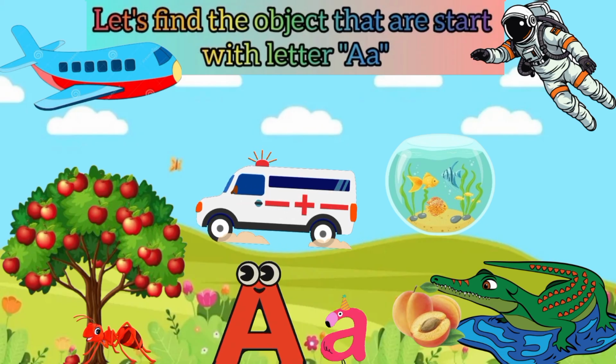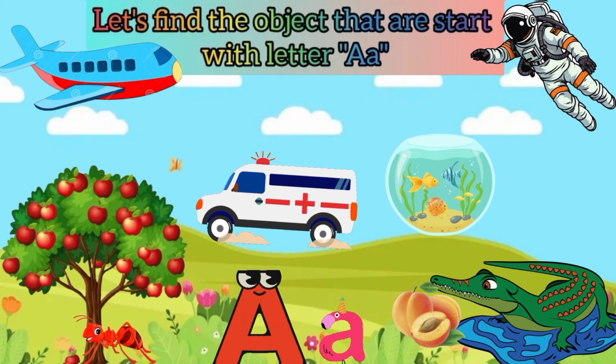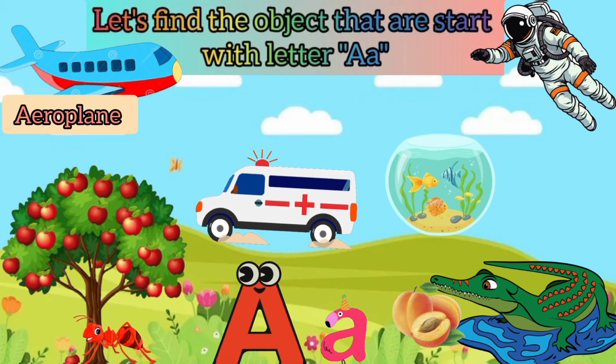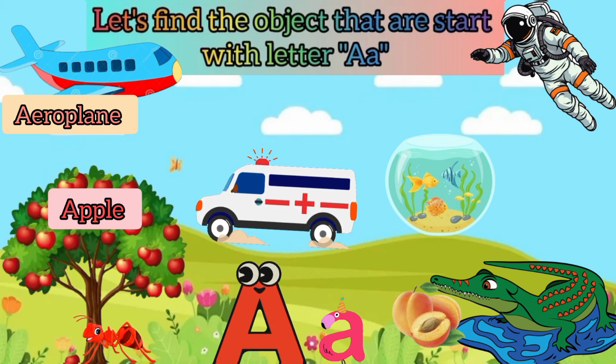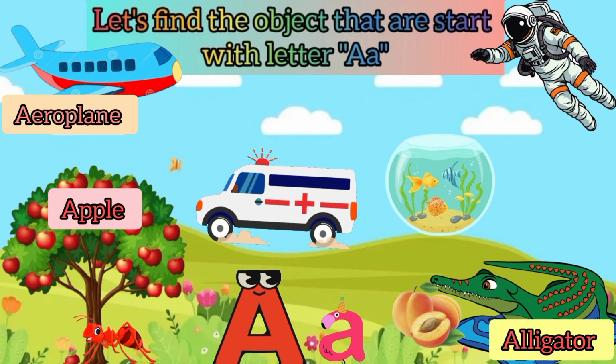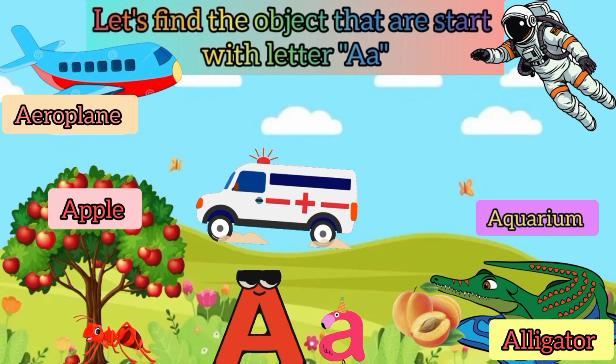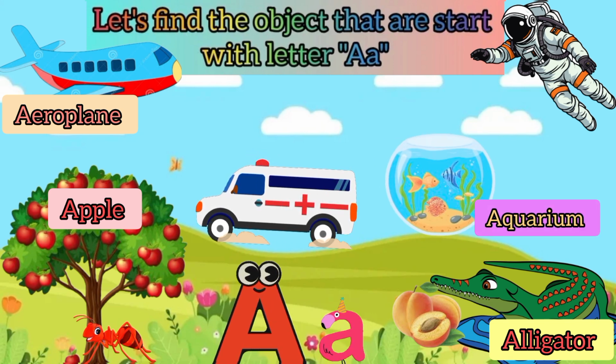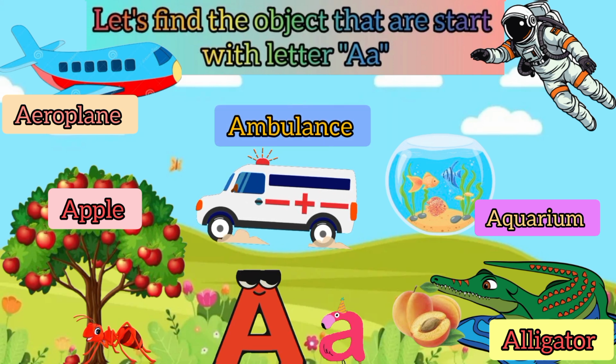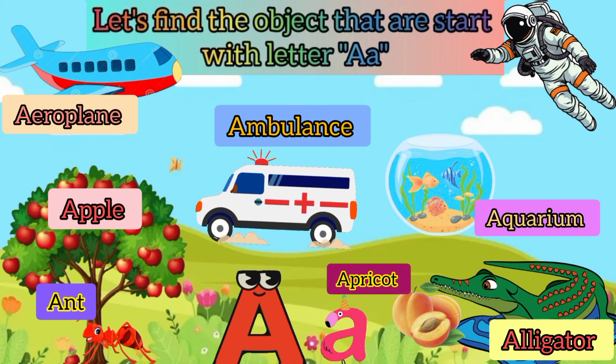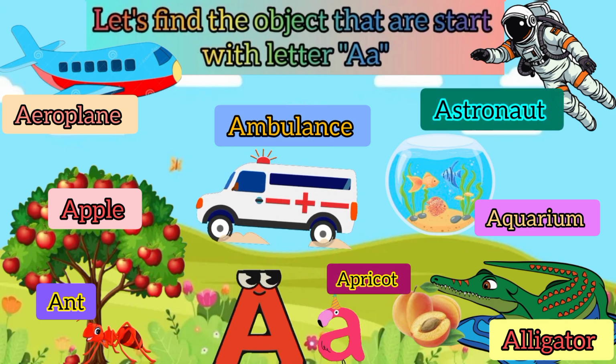Let's start. Let's find the objects that start with the letter A. An aeroplane. An apple. An alligator. An aquarium. An ambulance. An aunt. An apricot. An astronaut.